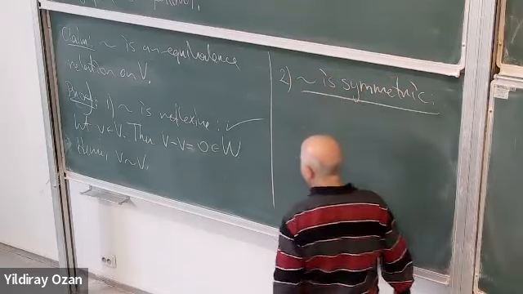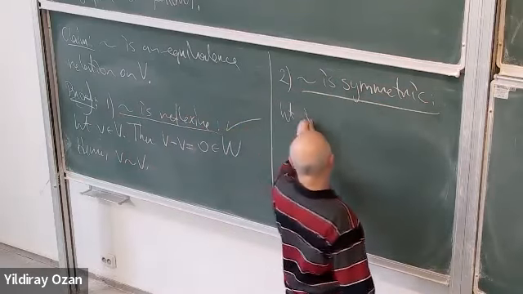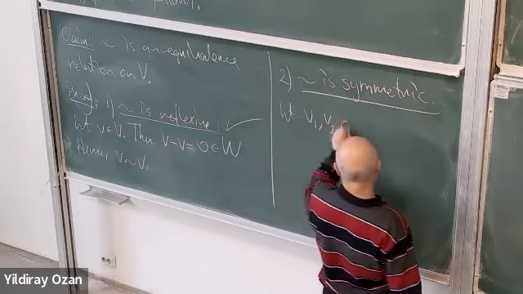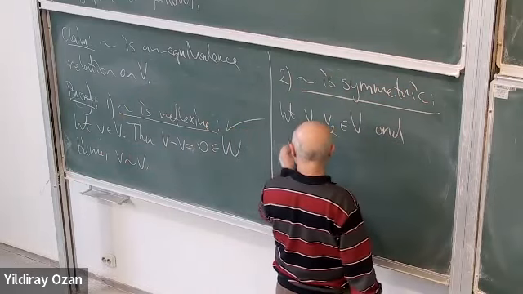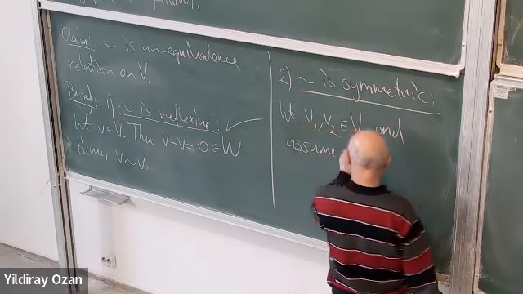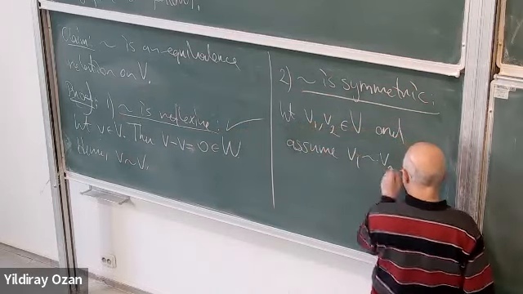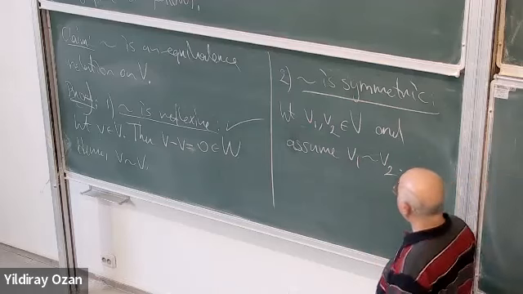Is it symmetric? Well, let's see. Let v1, v2 be in V, and assume v1 is related to v2. What is the definition of this equivalence relation?